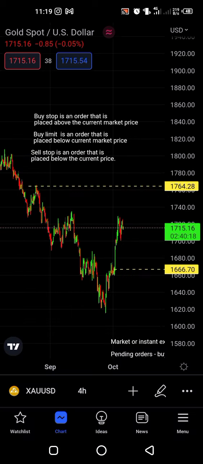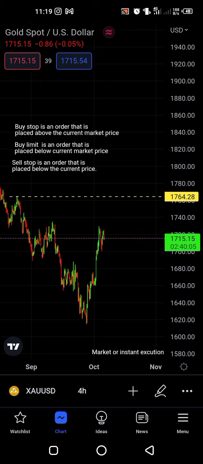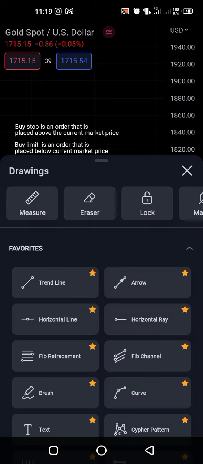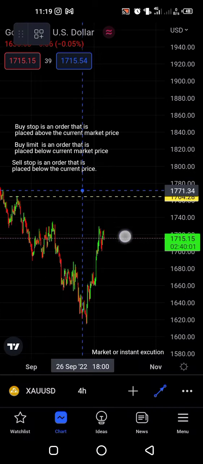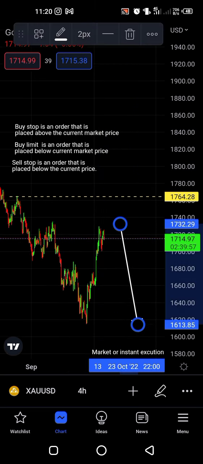We've talked about the sell stop, so let's do an example on that. This is the current market price, but you believe that the market is set to drop down.